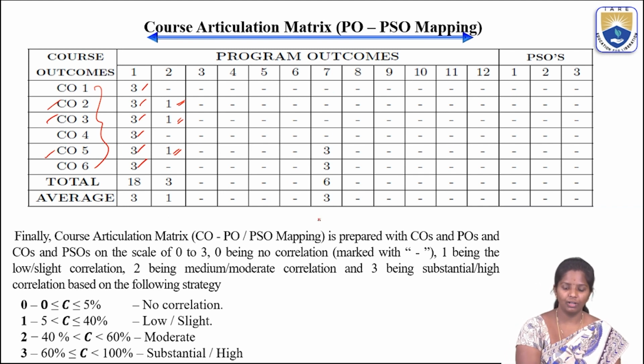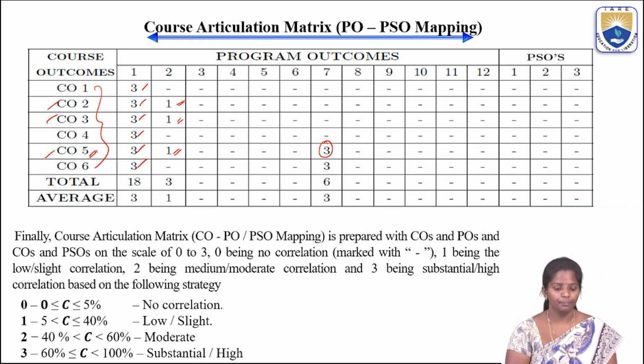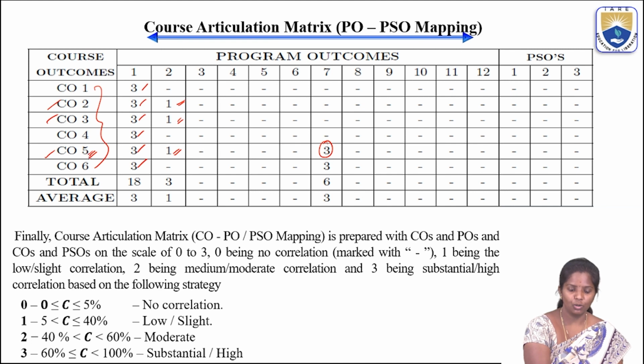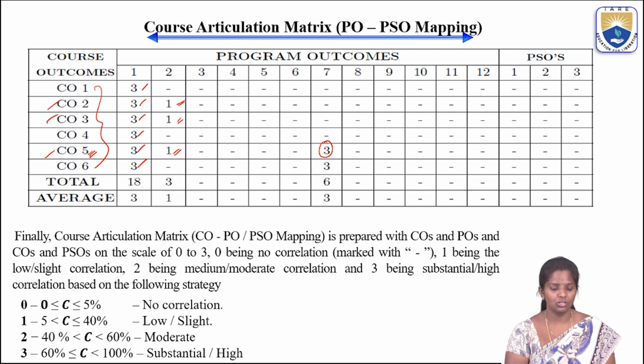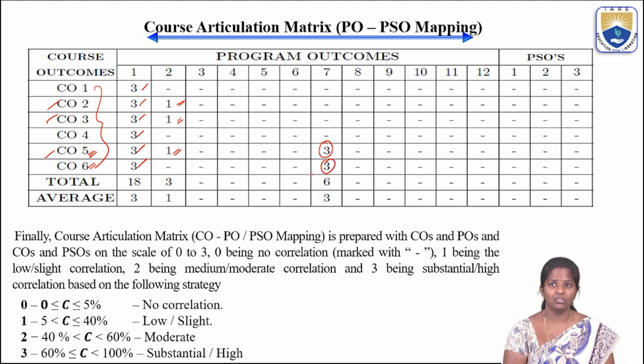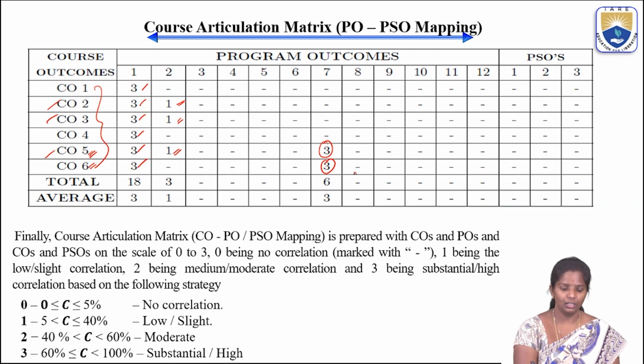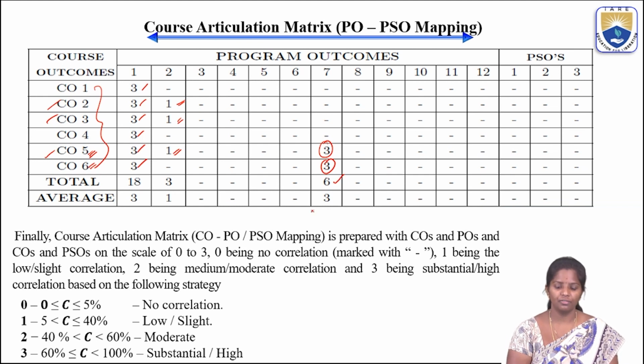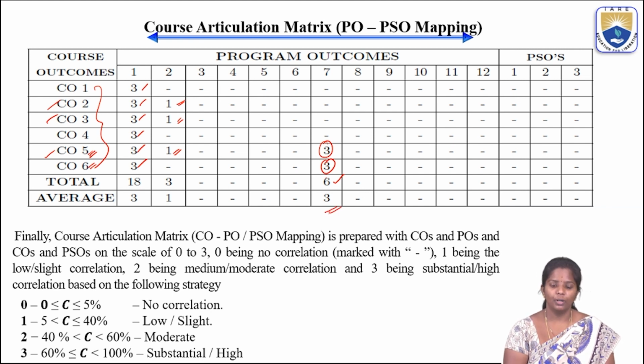And in the 7th, environment and sustainability, there are 3 competences matching for module 5, including green chemistry, and course outcome 6 for natural resources, with 3 key competences matching for the program outcomes. Therefore, it gives an overall total of 6 and an average of 3. This is how we determine the CO-PO mapping, and this is the course articulation matrix that is being designed.